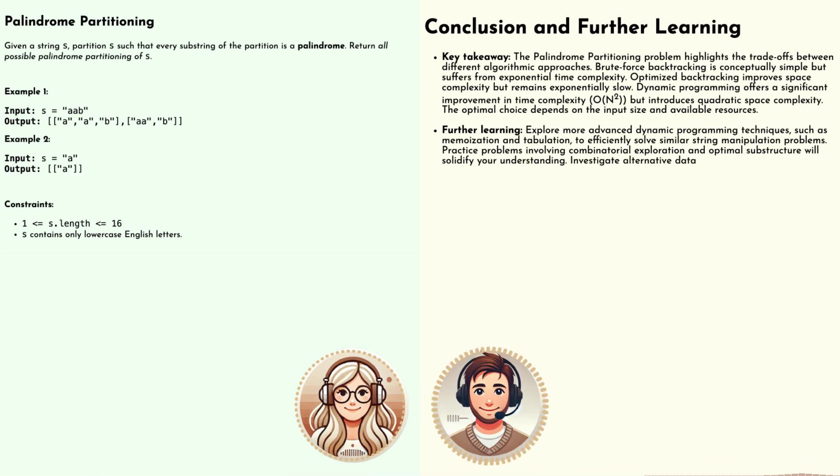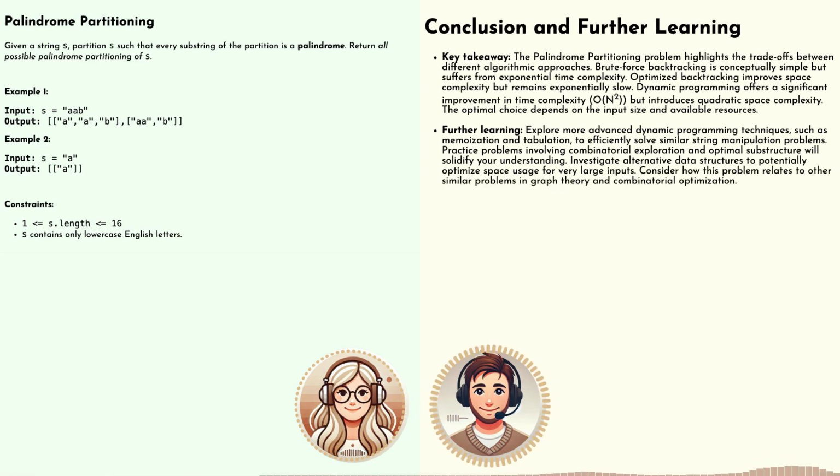And remember, beyond just memorizing these specific algorithms, the key takeaway is to really understand those underlying principles and problem-solving strategies. So backtracking, dynamic programming, optimizing for time and space complexity, these are all concepts that you can apply to a ton of other coding challenges.